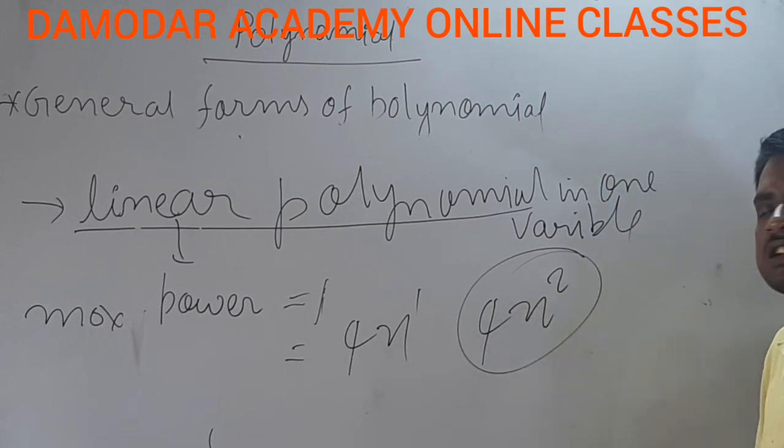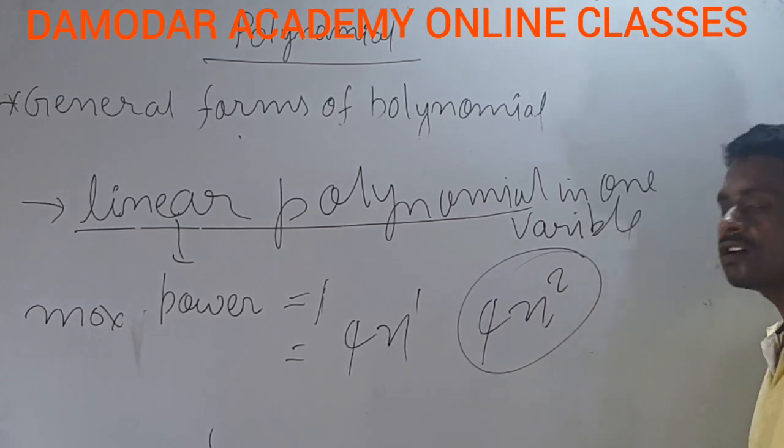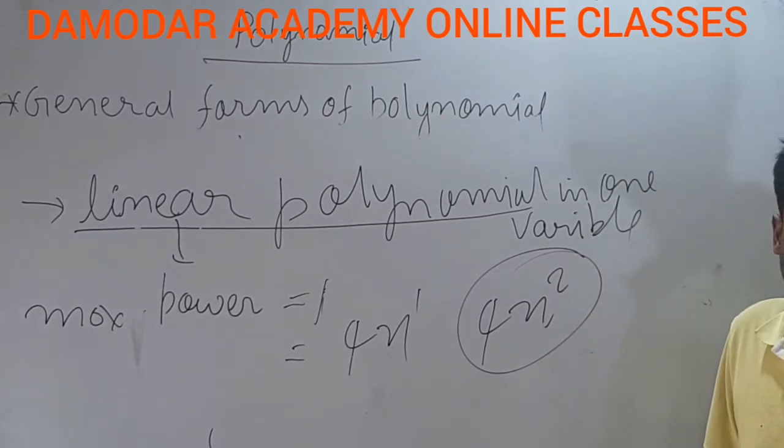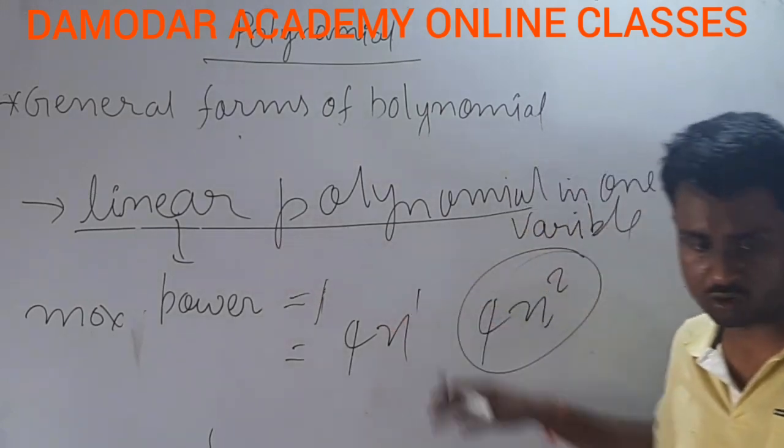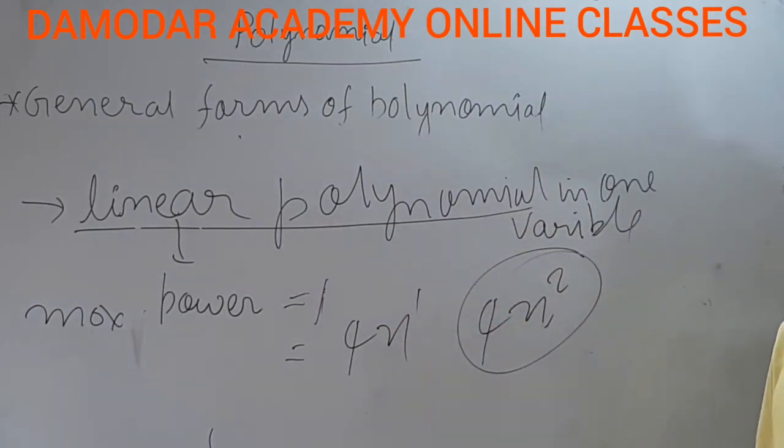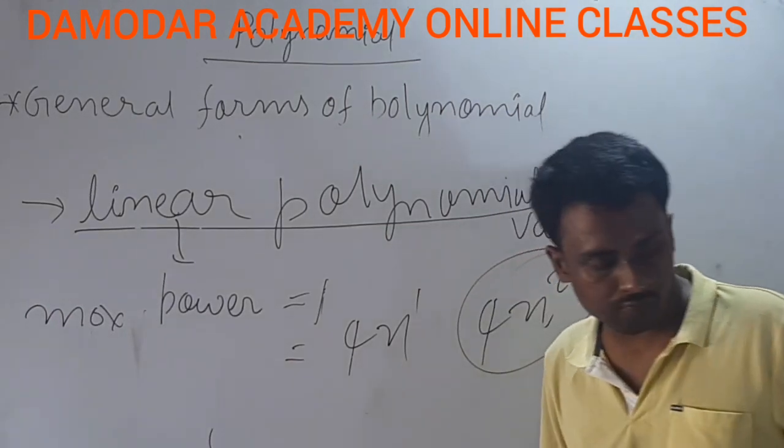No, it is not a linear polynomial because the power of the variable is 2. This is not the case of linear polynomial. This is the case of quadratic polynomial. Okay, now we will move.